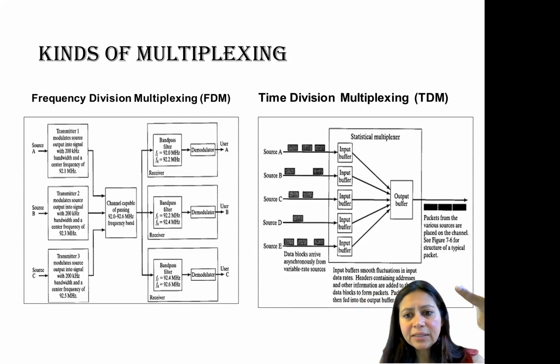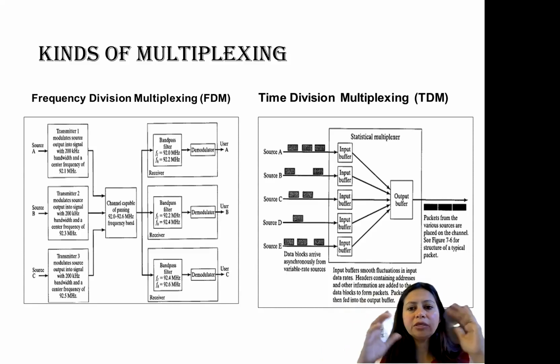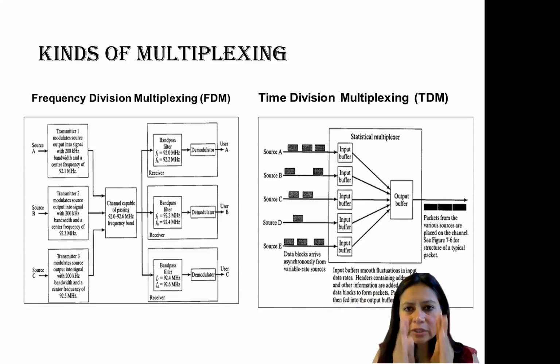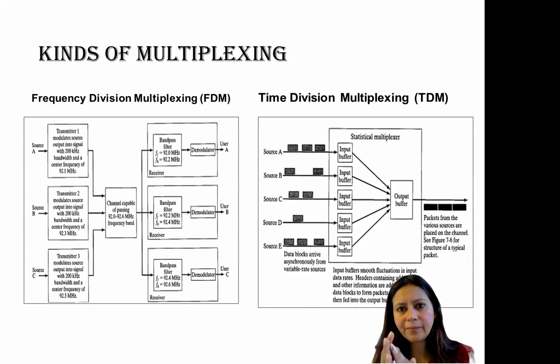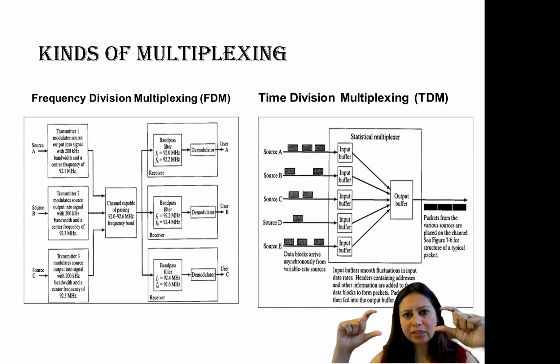Time division multiplexing is you give each of your users a certain amount of time to send their data. So, you create a frame, which is a composite frame, which has chunks of data, each coming from a different source. So say, for instance, your frame is 3 seconds long and you have 3 users.